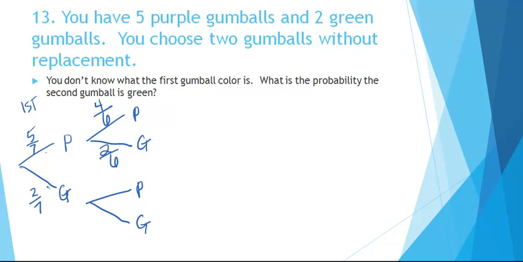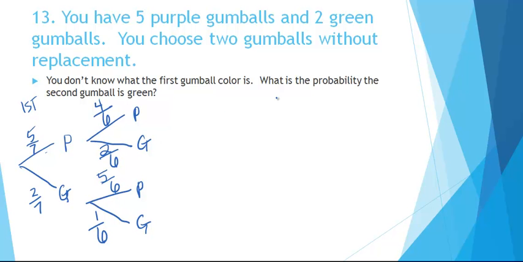If they chose a green first, they have 6 gumballs left, with all 5 purple ones. And if they chose green first, the probability of another green is 1 out of 6.